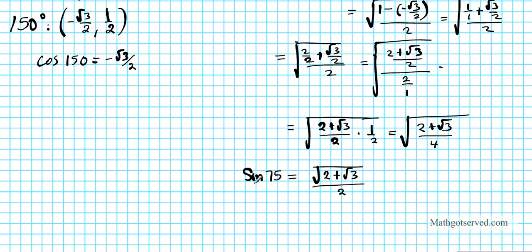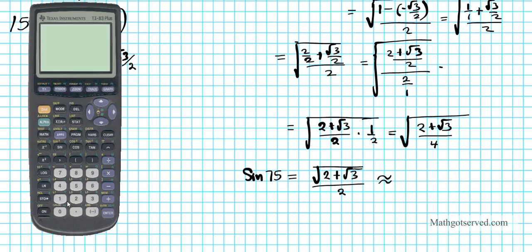We'll also have to find an approximate value for this. So let's plug this into a calculator. In the numerator, we'll have the square root of 2 plus the square root of 3, close that, divided by 2.